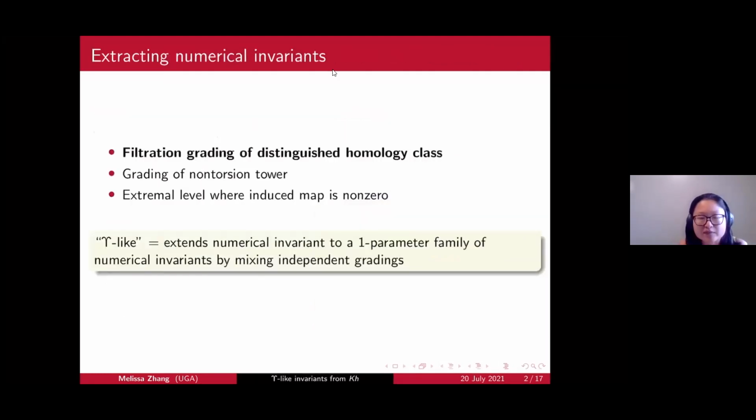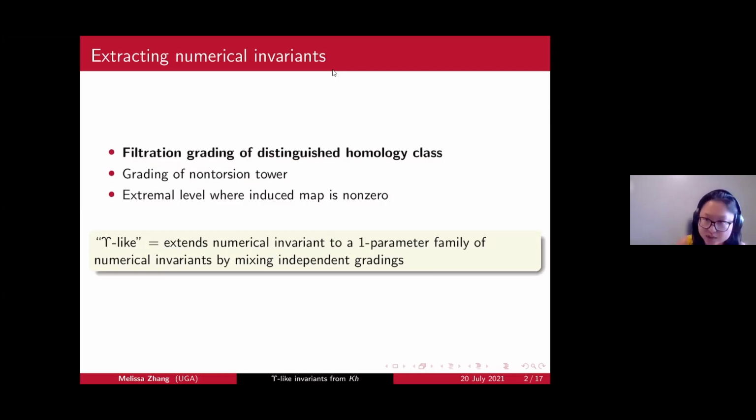There are actually many different ways to think about this. So I'm just going to briefly describe these equivalent methods. I already said we can think about the filtration grading of a particular homology class. So that could be the thing that survives to Lee homology, which is just two-dimensional for a knot. Or let's say you have some amount of torsion and you're over a PID or something. You could say that I want the maximal grading of a non-torsion element.